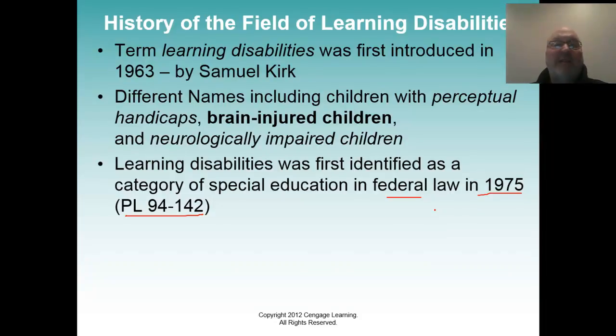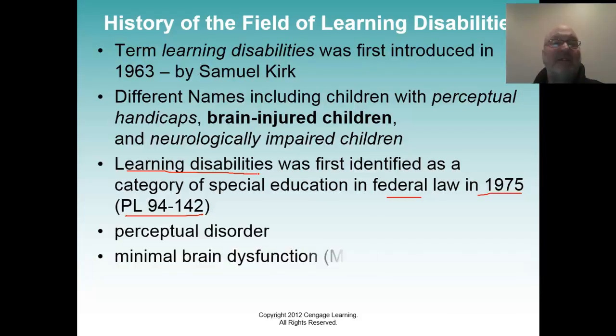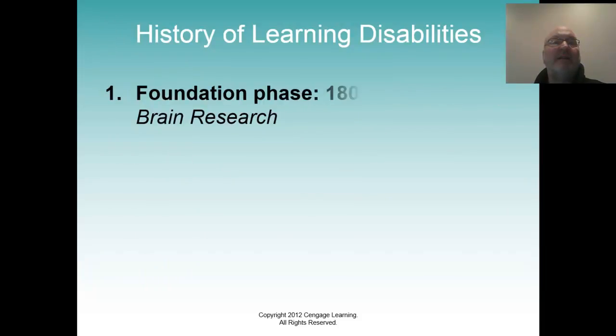They made a federal law way back in 75, and they had a bunch of them before that, but that was the first one targeted directly at special ed, where they had this term as a learning disability, and of course it's been reauthorized a bunch since then. Perceptual disorder and minimal brain dysfunction were also some terms used to describe that.